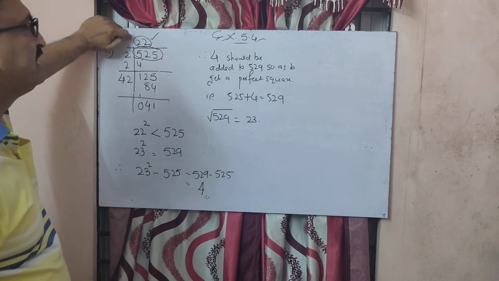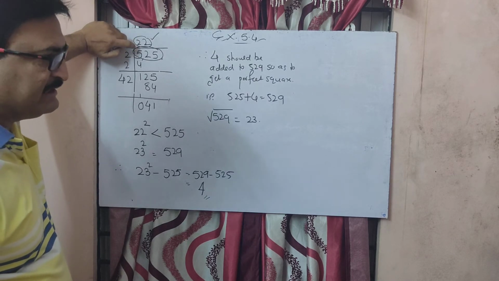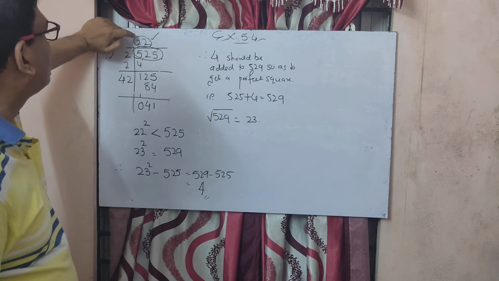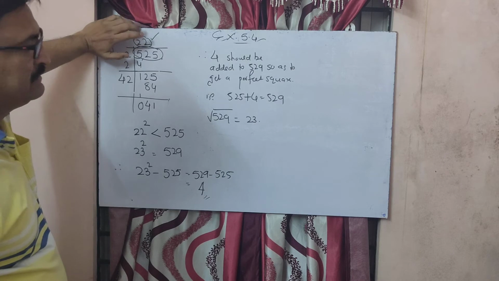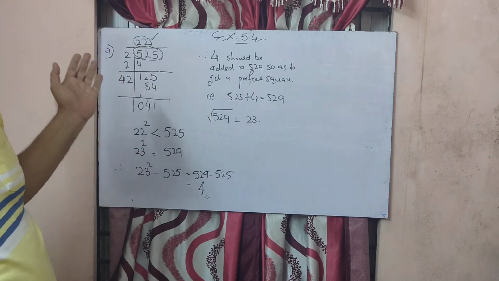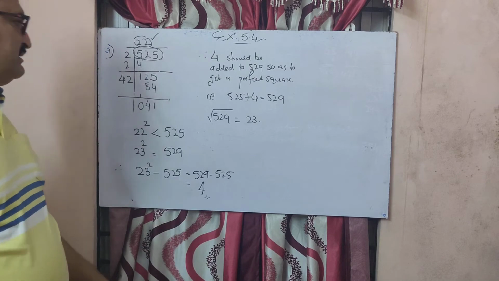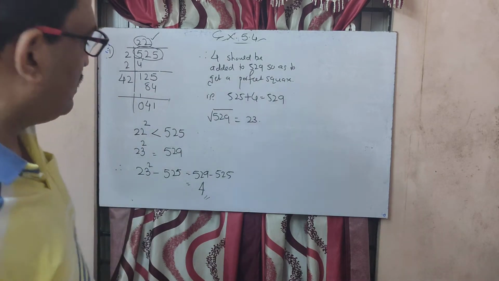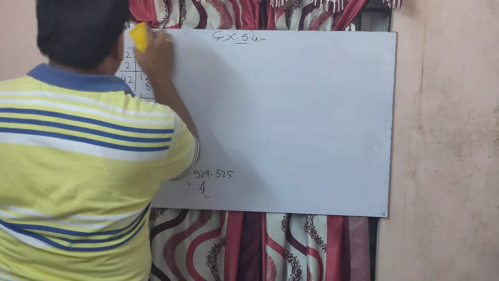If you take the 23 square, it is always more than the given number. So if you add that difference to the given number, you will get the perfect square. Okay, the next example, we solve it and you will understand it.